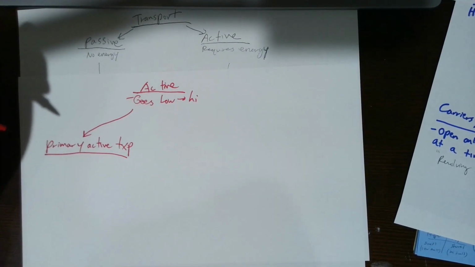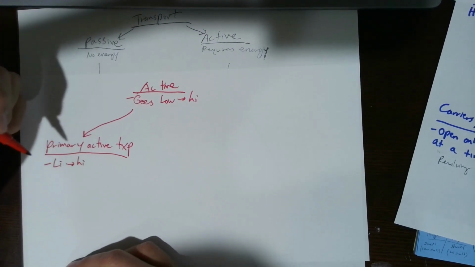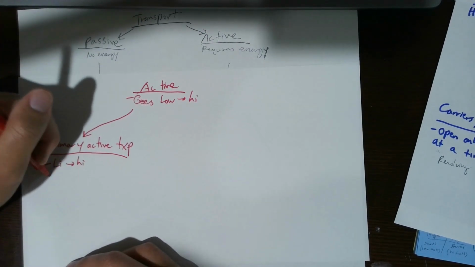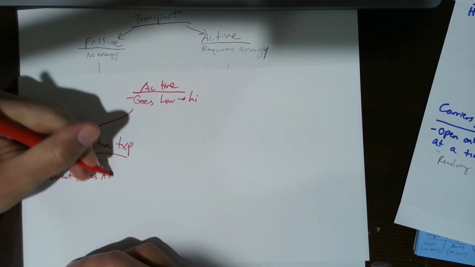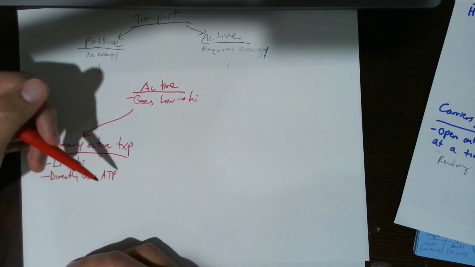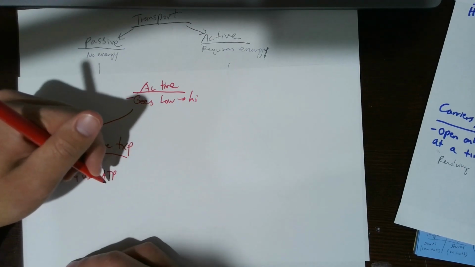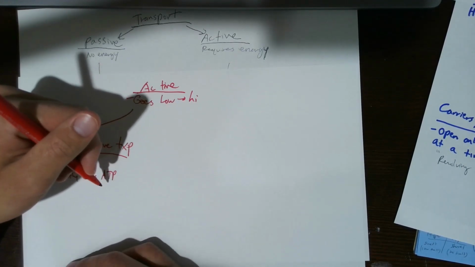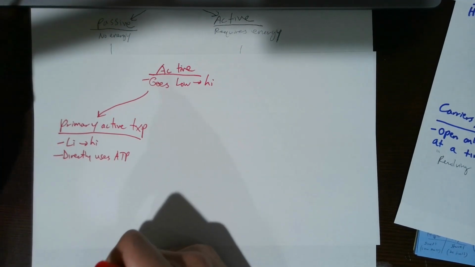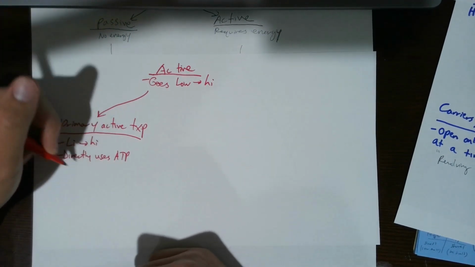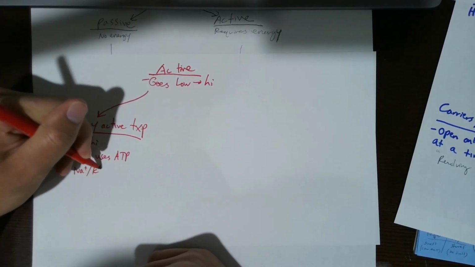Primary active transport, like we said before, goes from low to high concentration, but the key distinction is it directly uses ATP. Now what is ATP? It's adenosine triphosphate. Alright? And an example of this is the sodium-potassium pump.